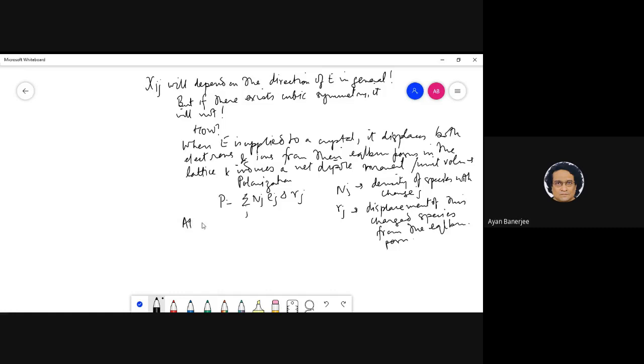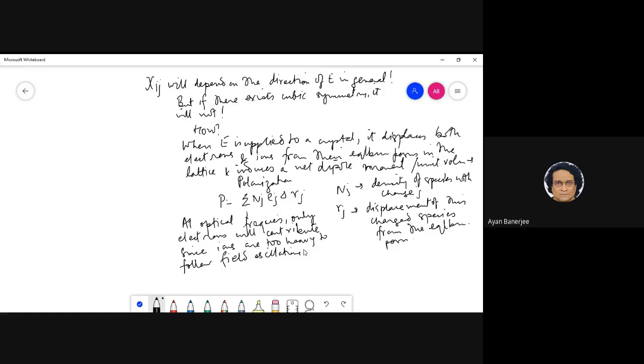At optical frequencies, only electrons will contribute, because obviously your ions are too heavy. Since ions are too heavy, the inertia is too high to follow the field oscillations.